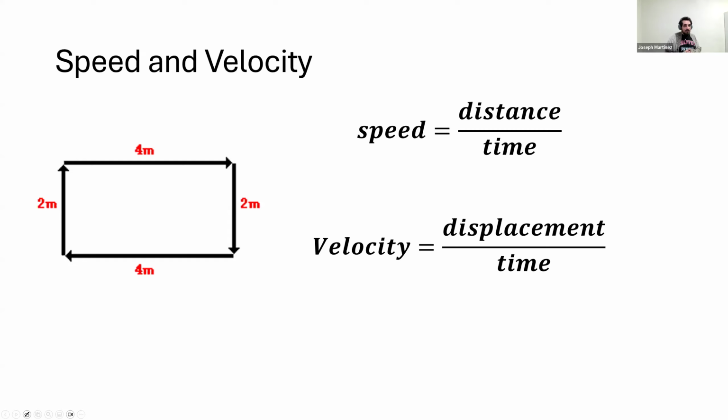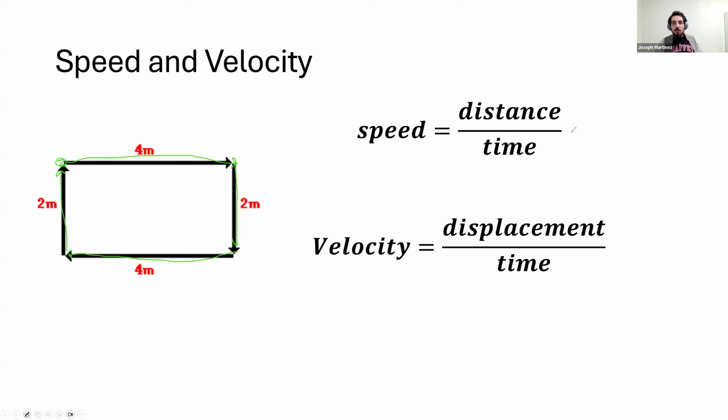And as a refresher, distance is the total ground that was covered between start and end. So if we were to have started, let me bring up my annotations again, in this top left corner and gone through this motion, we would have traveled 4 meters to the right, 2 meters down, 4 meters to the left, 2 meters up. We would have gone through a total here of 12 meters of travel.